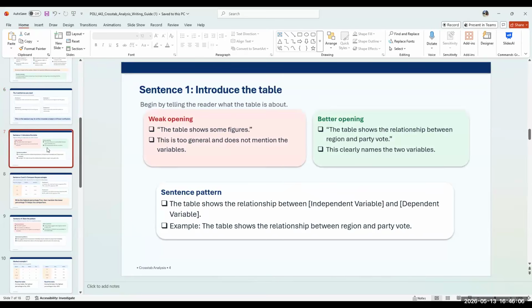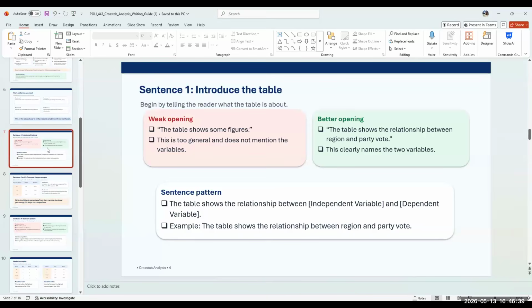When I say introduce the table, this is what I mean. A weak one would be, "Oh, the table shows some figures." What figures? What table? When you say that, it is too general and does not mention the variables. Is it party vote? Is it region? So the best opening is that the table shows the relationship between region and party vote. That means you have identified the variables. So in the first sentence of your crosstab analysis, make sure you identify the variables.